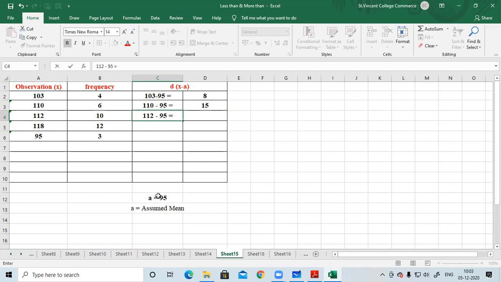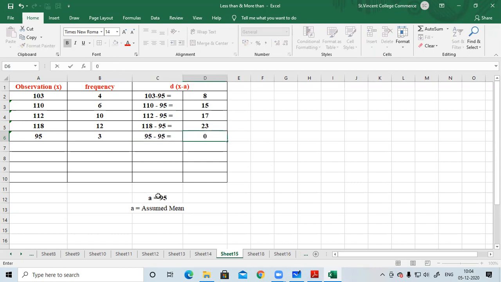I hope you are doing the calculations alongside. So 112 minus 95 is 17. 118 minus 95 is 23. Next, 95 minus 95 is 0.